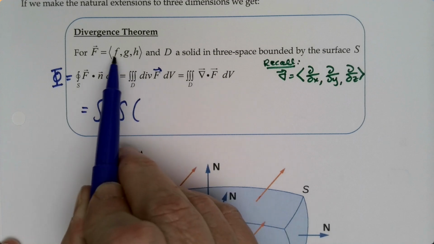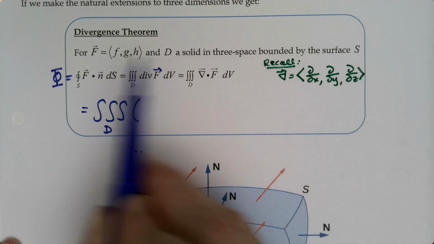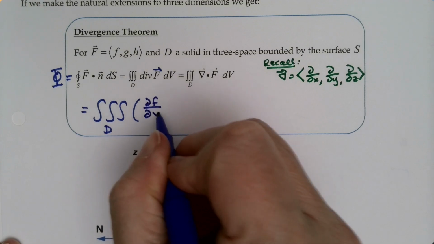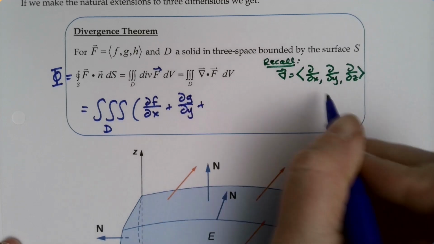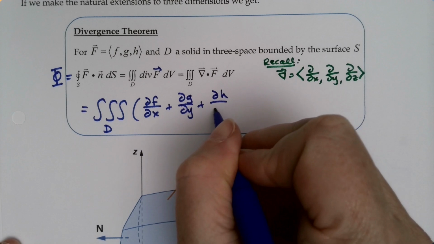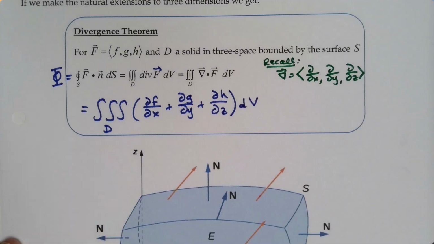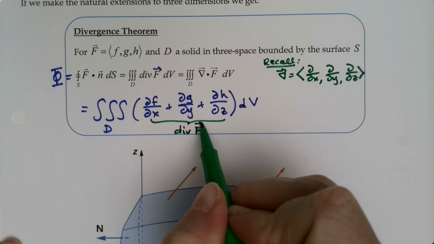Well, your vector field is F, G, H. So the partial with respect to x of F, so that's partial F with respect to x plus partial G with respect to y plus partial H with respect to z dV. This is the divergence of F.